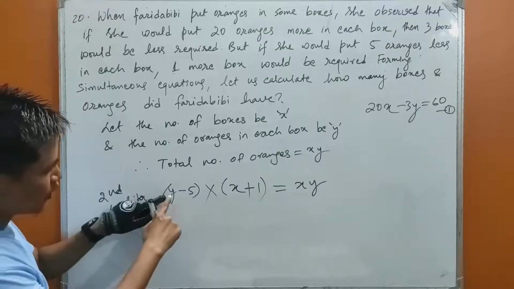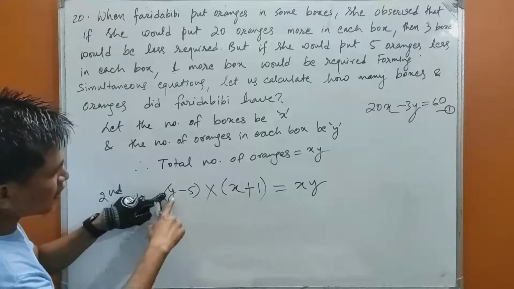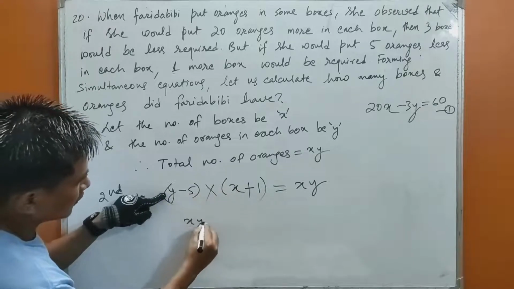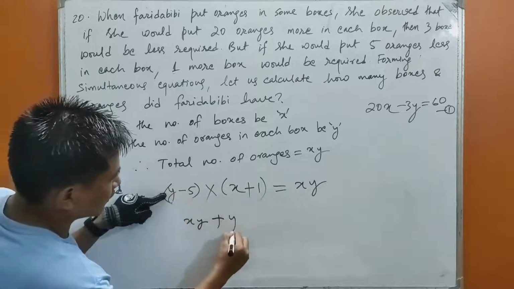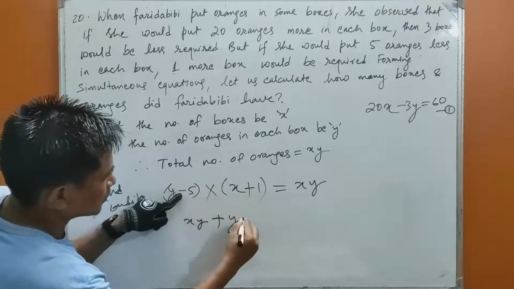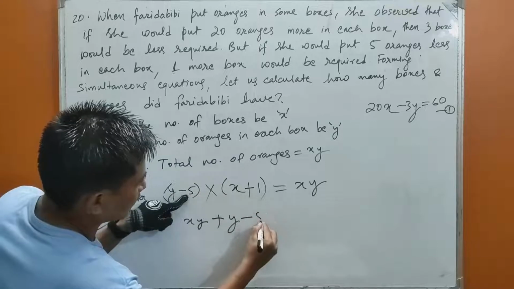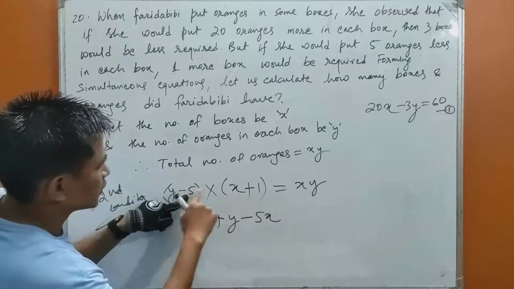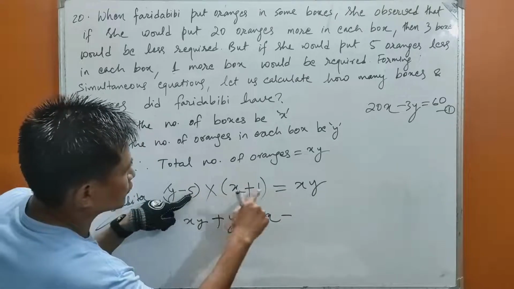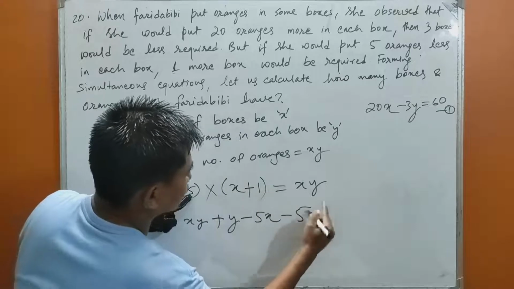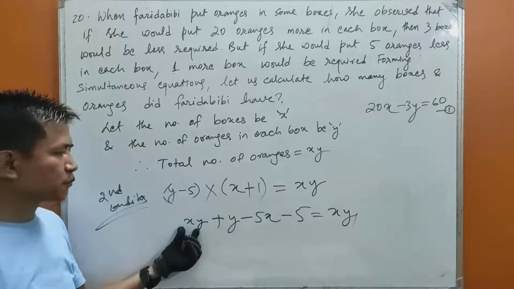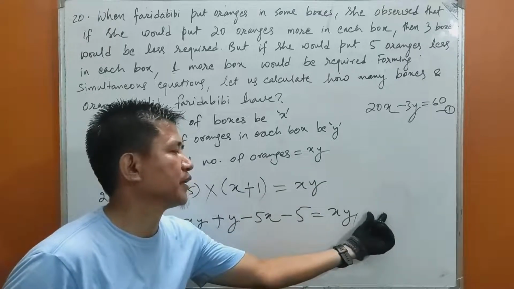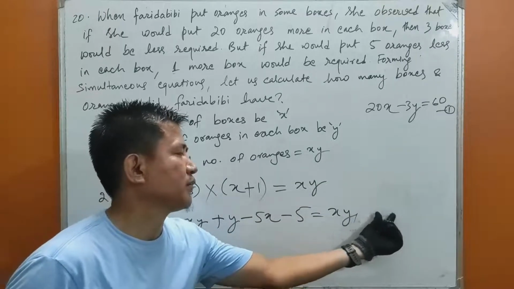Okay. Plus into plus is plus, y into x is xy. Plus into plus is plus, y into 1 is y. Minus into plus is minus, 5 into x is 5x. Minus into plus is minus, 5 into 1 is 5, equals xy, isn't it? So here also, if you take this plus xy to the right hand side, it becomes minus xy, and plus xy and minus xy cancel.